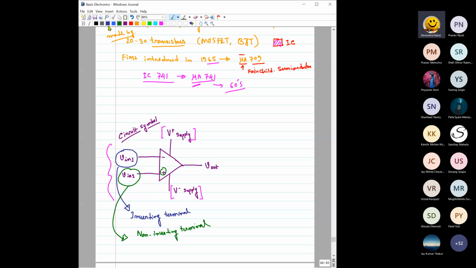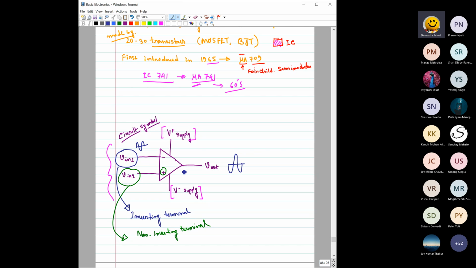The name is inverting because suppose here at the inverting terminal you give a sinusoidal signal like this. Then at the output you will get an amplified signal, but the signal would be inverted. There will be a 180-degree phase shift.